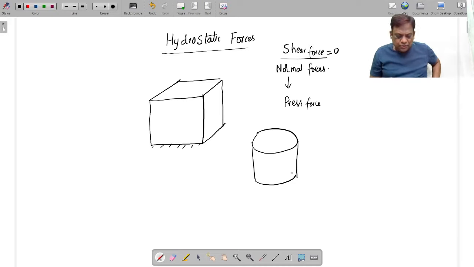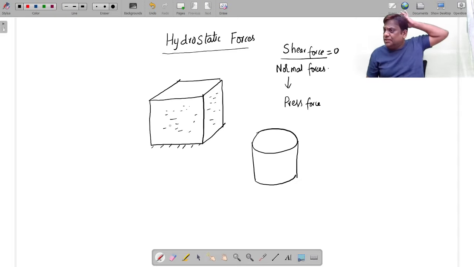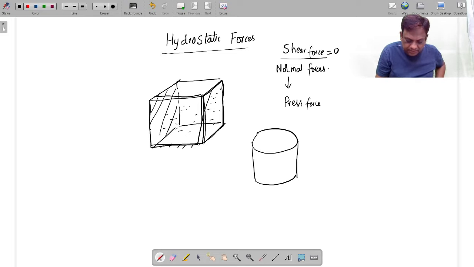So when this tank is filled with a fluid, definitely this fluid will exert force on these walls.